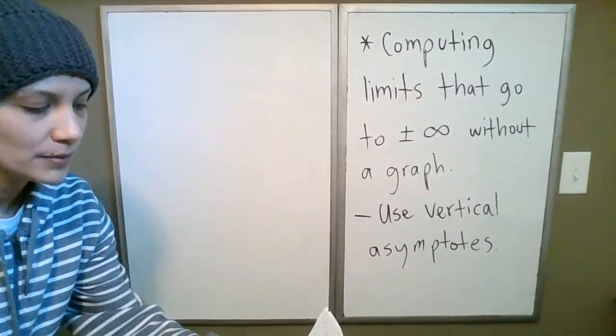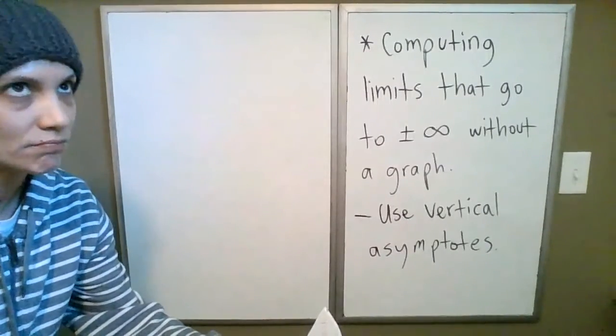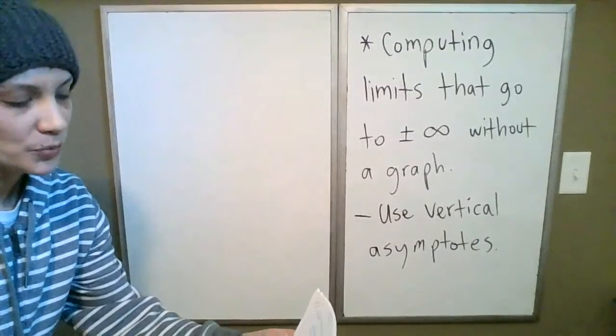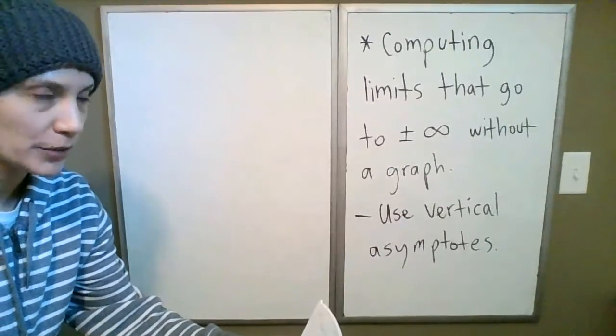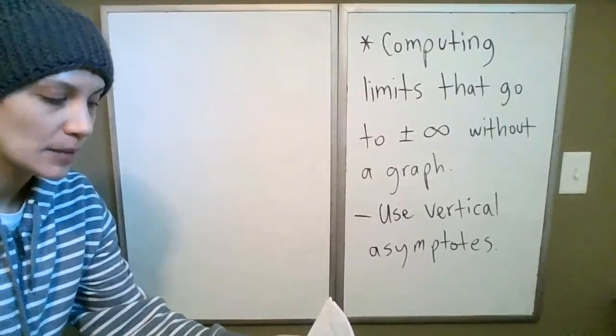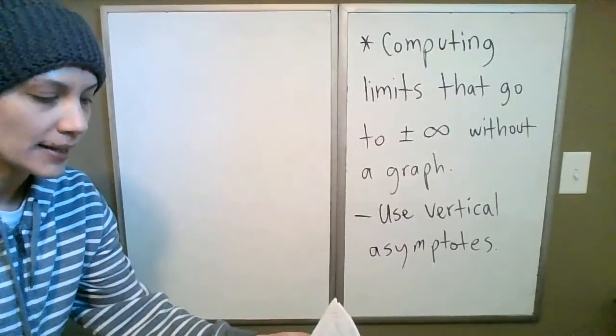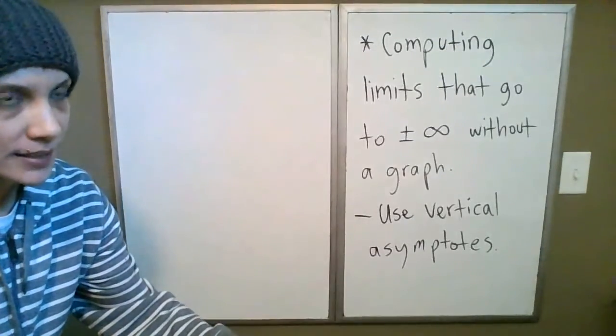The function f of x being a fraction with a function p of x in the numerator and q of x in the denominator has a vertical asymptote when q of x is equal to 0.